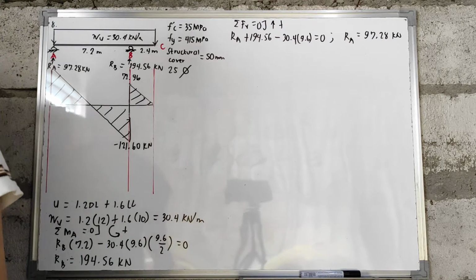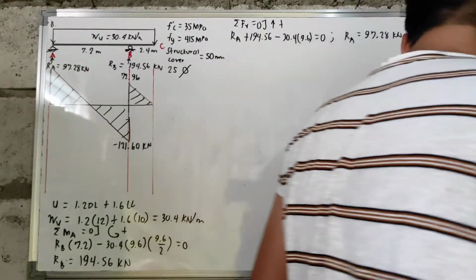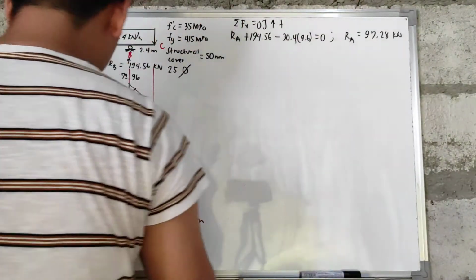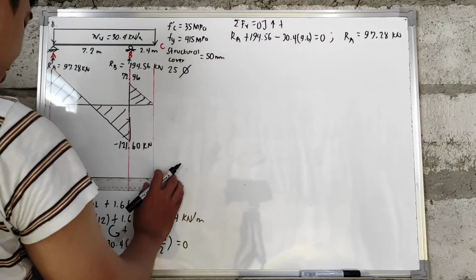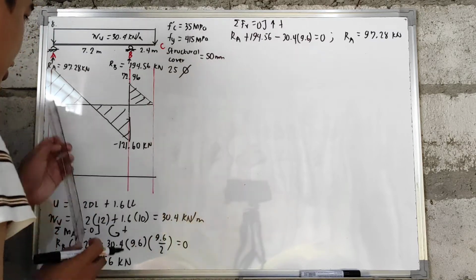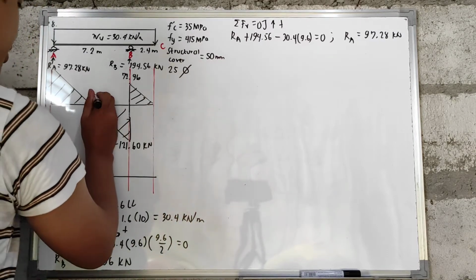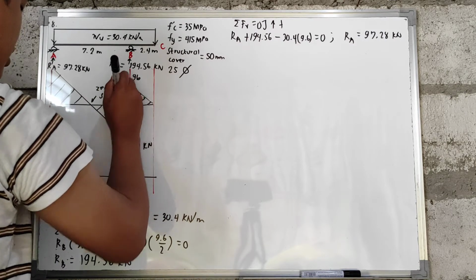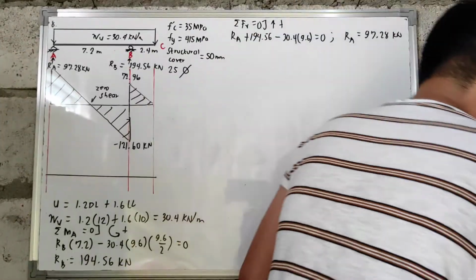Next naman is hanapin naman natin yung moment diagram natin. So with this, ito yung moment diagram natin. So meron tayong shear diagram. This will be your moment diagram. So since meron tayong 0 shear, i-include natin siya sa procedure.